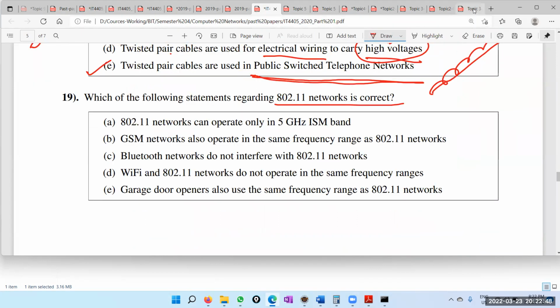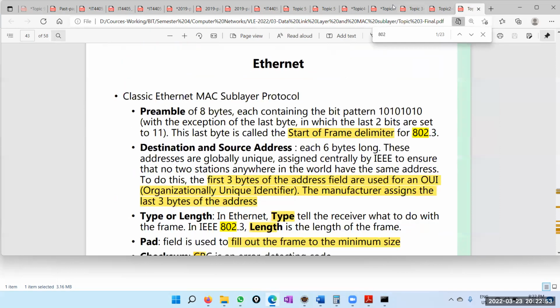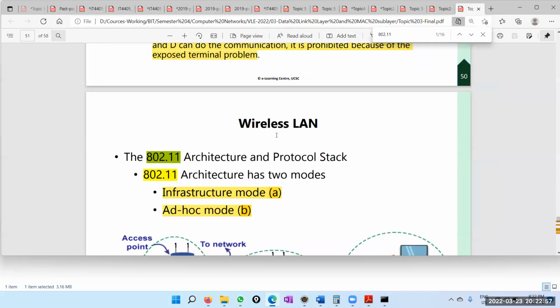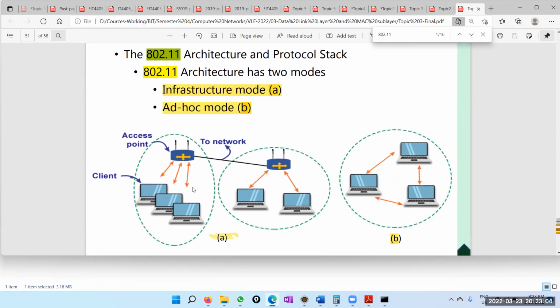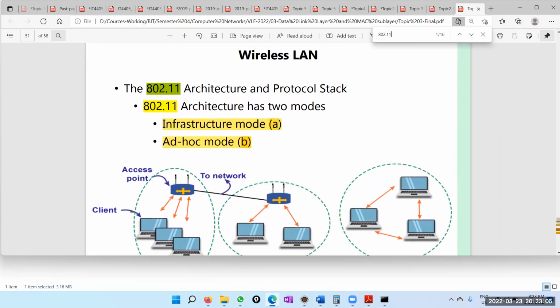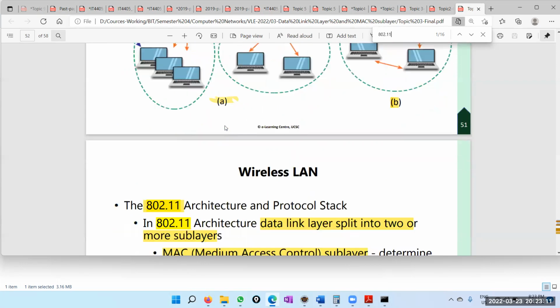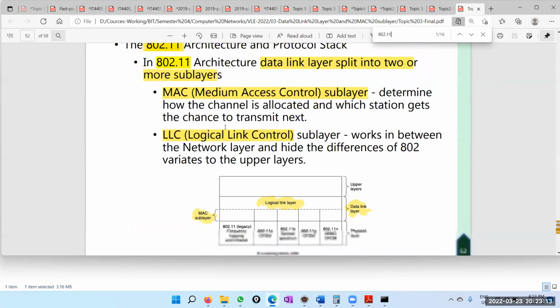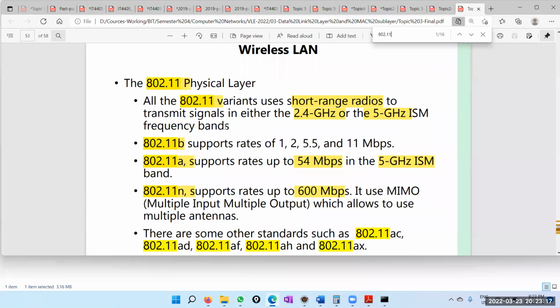Sorry, 802.11; 802.3 is Ethernet. Yeah, wireless LAN, a wireless local area network, right? So you can use it for Wi-Fi and some other things as well. Remember we discussed the infrastructure mode and ad hoc mode, right? Wireless local area networks. You can see these are some usages.